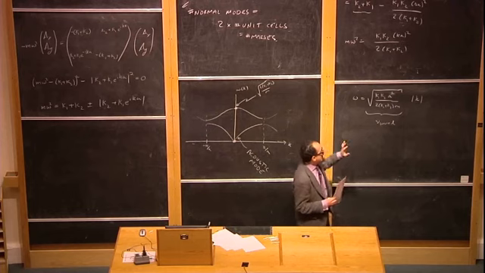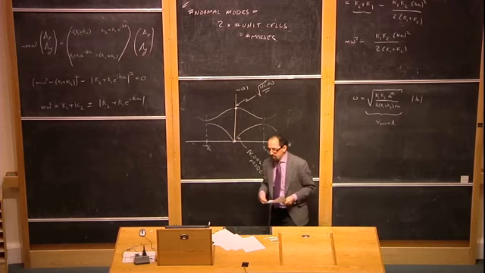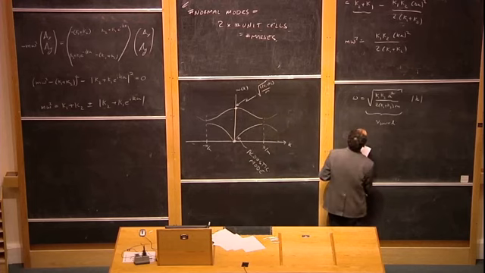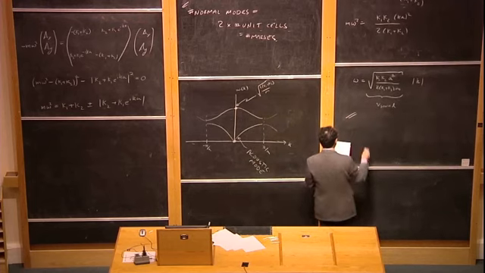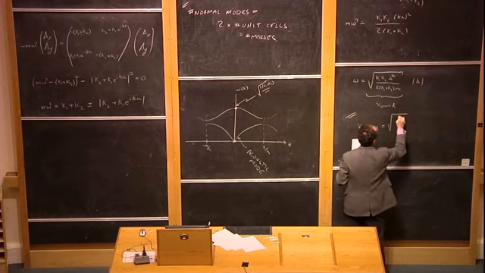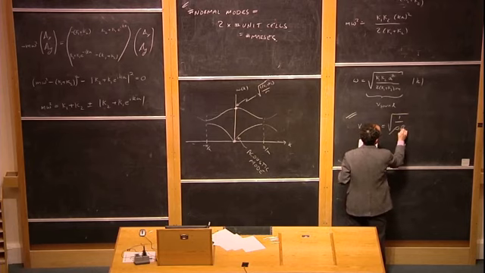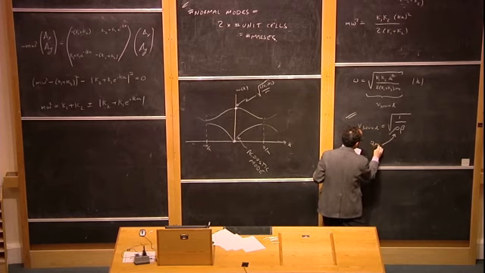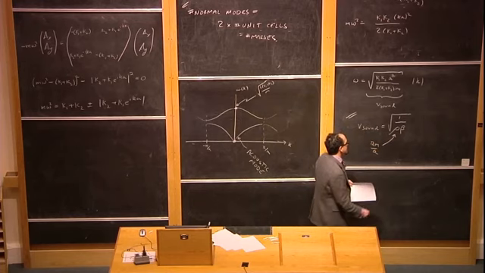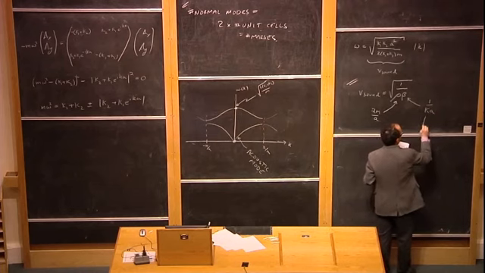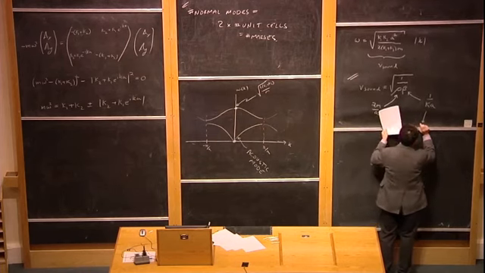Now, you remember last time when we derived the sound velocity, we also were able to derive the same sound velocity by using a hydrodynamic argument. So let's see if we can do that again this time. Remember from hydrodynamics, the V sound should equal the square root of 1 over the mass density times the compressibility. The mass density is, well, there are two masses per lattice constant a. And the compressibility, we derived last time, should be 1 over the spring constant times a. And the spring constant, here the unit cell has 2 springs in it.